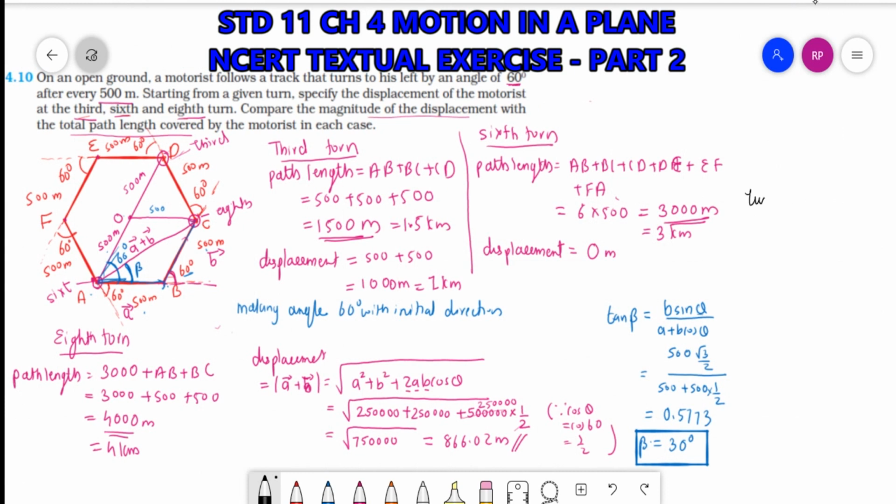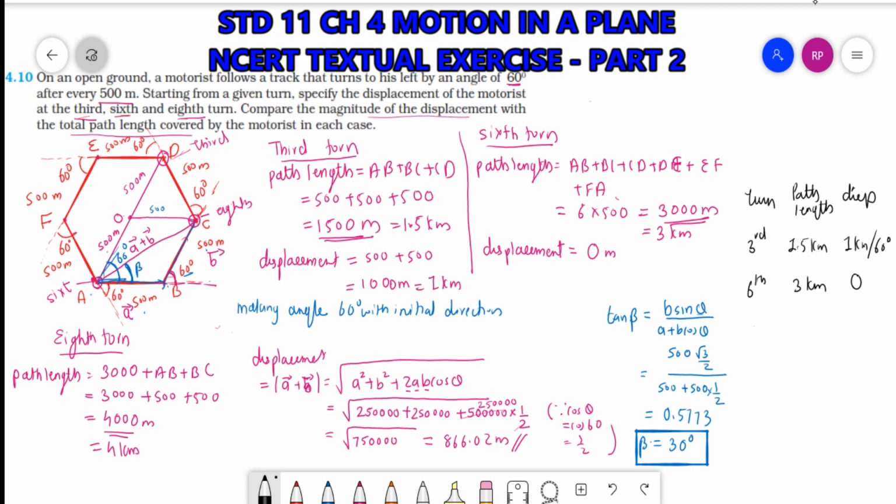Number of turn, path length and displacement. For the third turn, the path length is 1.5 kilometer and the displacement is 1 kilometer and the angle is 60 degree with the original direction. For the sixth turn, the path length is 3 kilometer and the displacement is 0 kilometer.